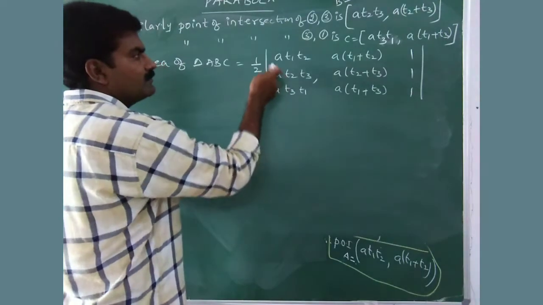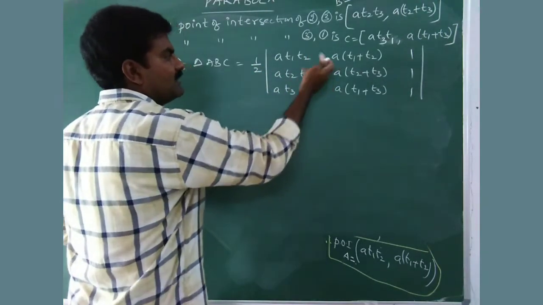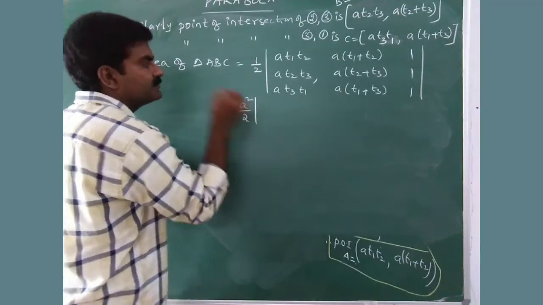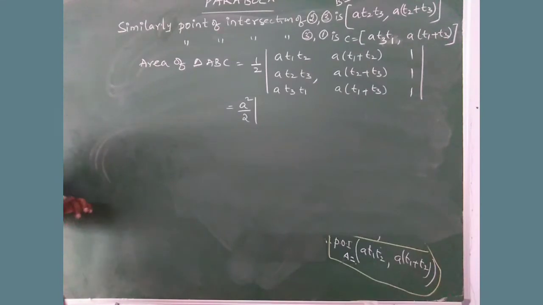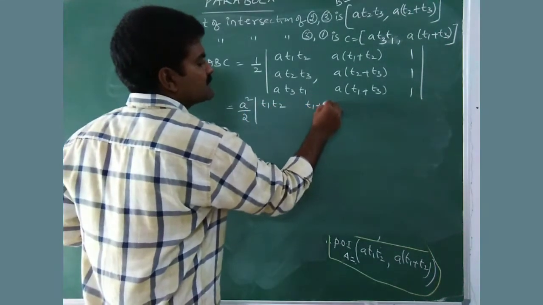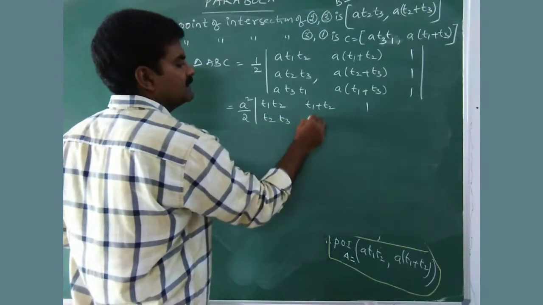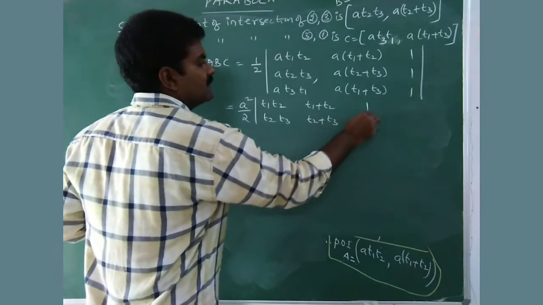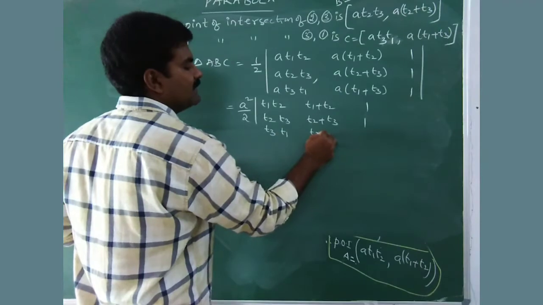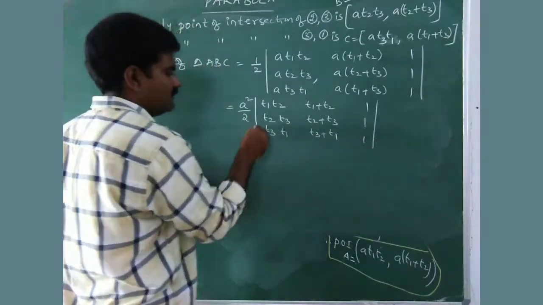In this column first we can take a common, in this column also we can take a common, a into a, which is a square by 2 into the determinant: t1 t2, t1 + t2, 1; t2 t3, t2 + t3, 1; t3 t1, t3 + t1, 1.